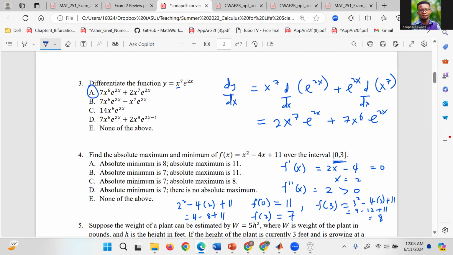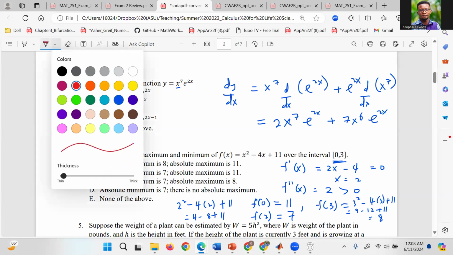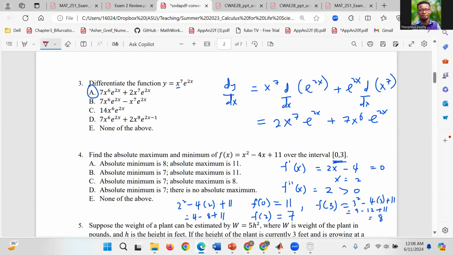All right. So let's pick the maximum value. The maximum value here is 11, and the least of them is 7.